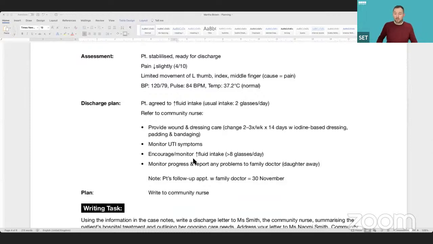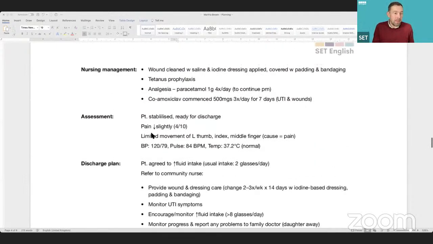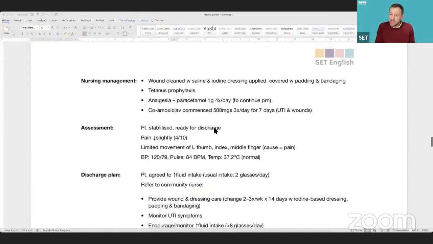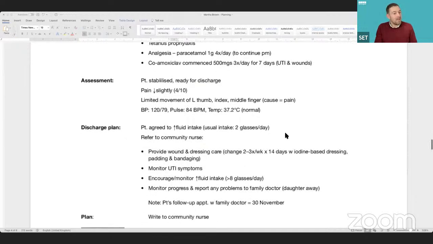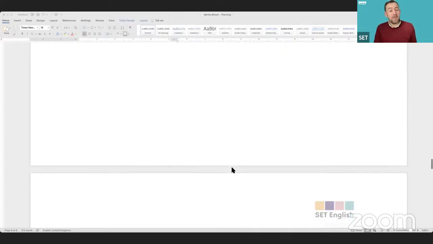So I'm thinking this is going to be quite a standard plan. Introduction, timeline, where we talk about why she was admitted and the treatment that she's received. Maybe a background paragraph just to explain what her social situation is, and then a detailed discharge plan. That for me would be my organization for this letter. So for me, that's what I would do.